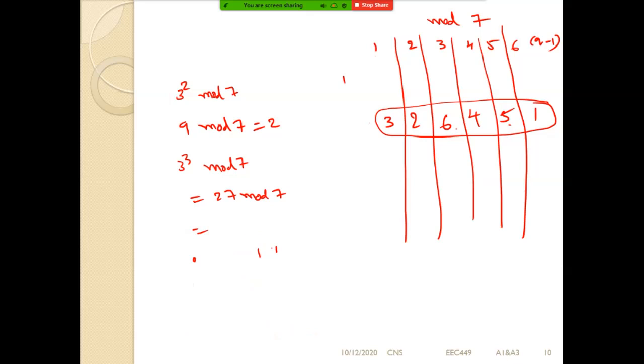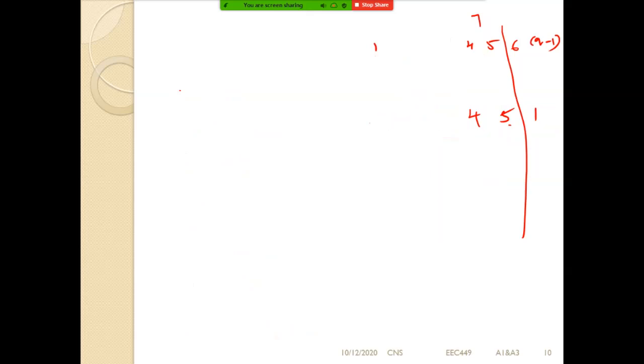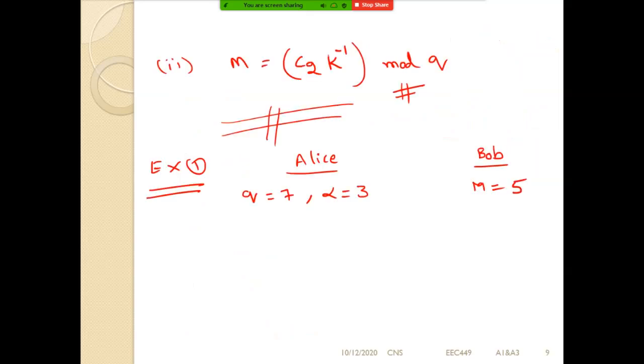We know that already. Who don't know, just see this procedure. So yes, q is equal to 7 means alpha must be 3.